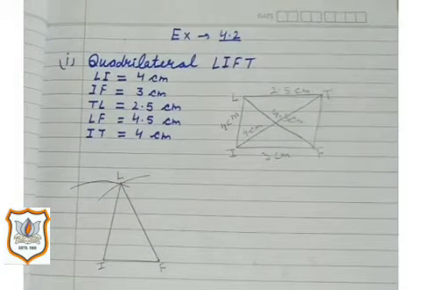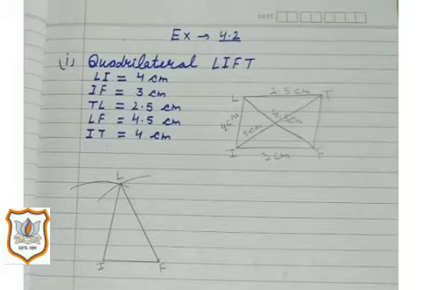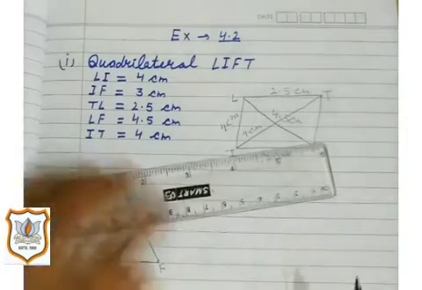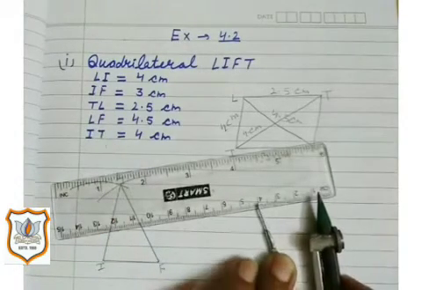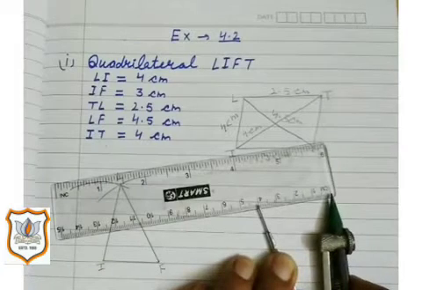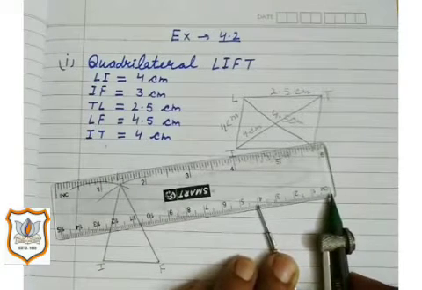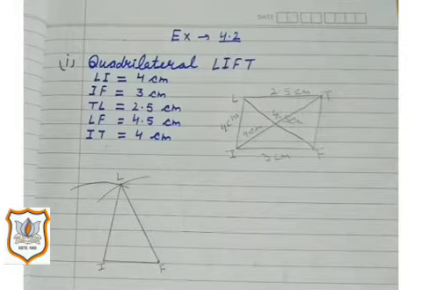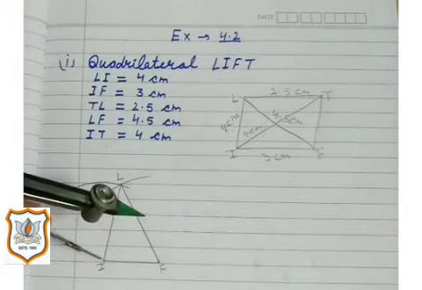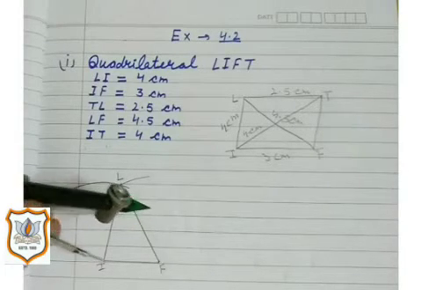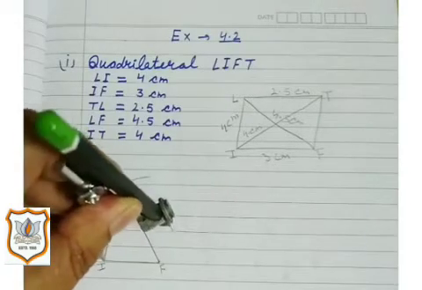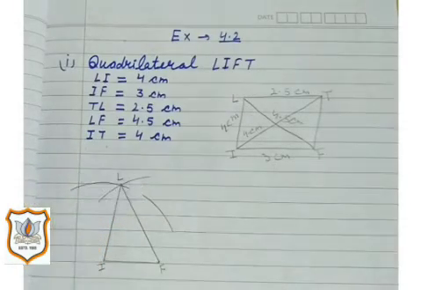Now we will draw IT. IT is 4 centimeter. So we will take 4 centimeter in compass and I as a center we draw arc. This is arc.